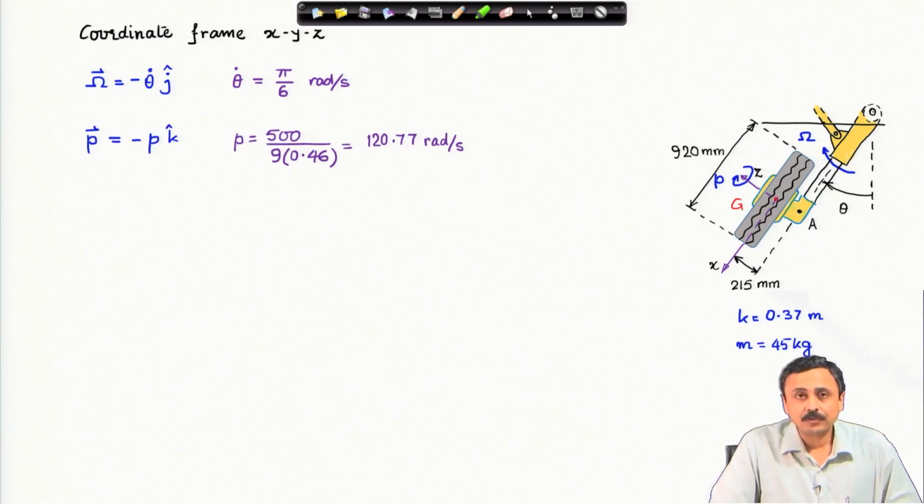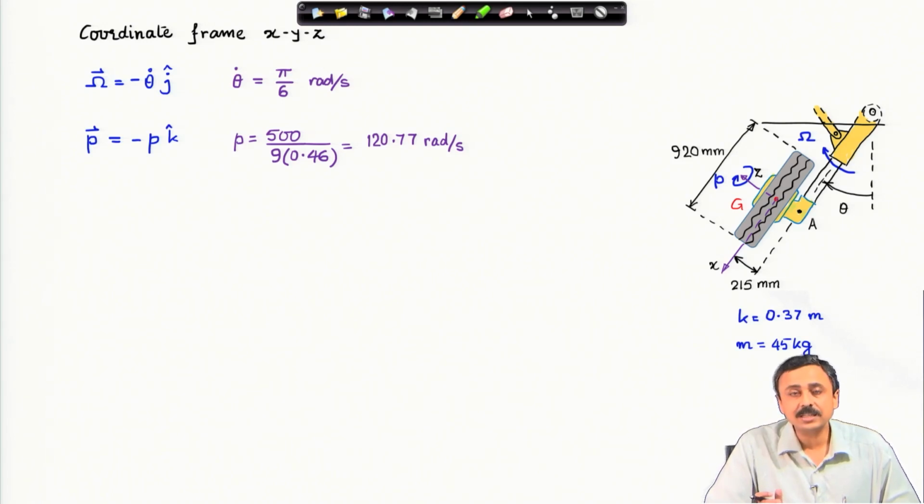The spin of the wheel will be represented by this vector p. Now, the aircraft is coming towards us, this wheel is coming towards us, and if you think about it, the wheel is rotating in the direction that I have marked. It is in the negative z axis direction, so negative k cap direction.